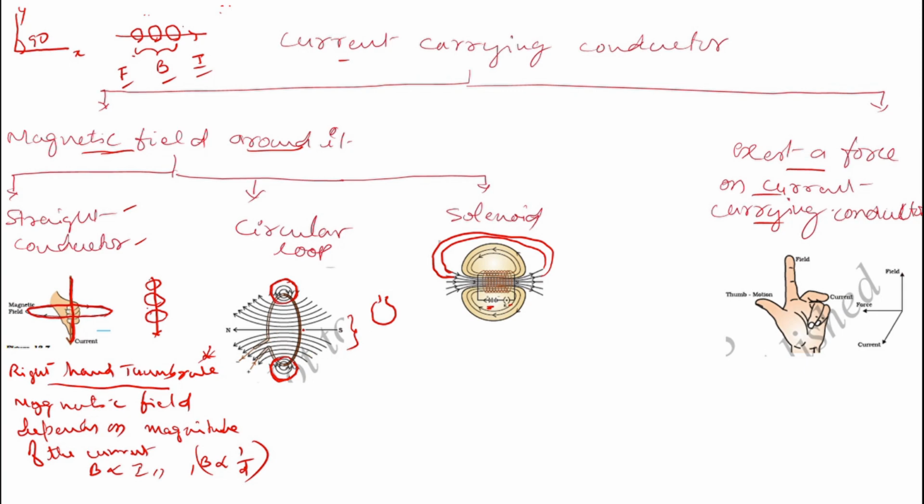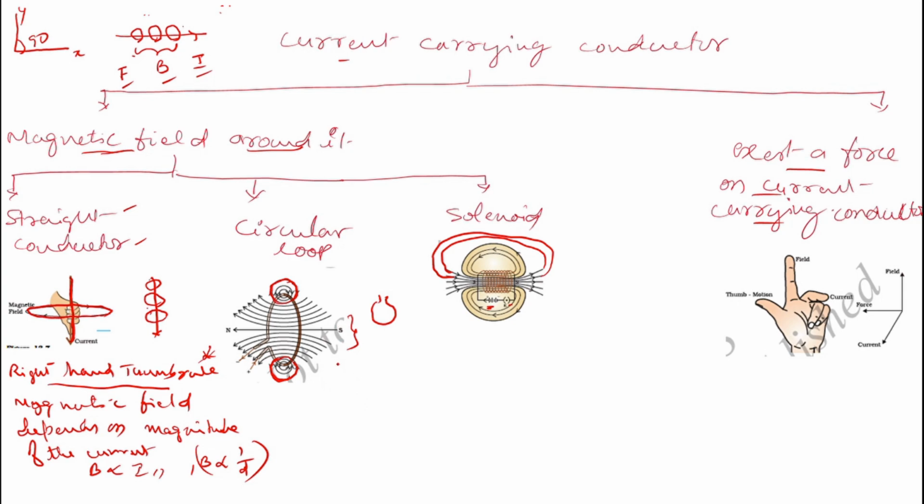At the center it is almost a straight line. Two magnets are there, and at the ends the circles are very concentrated. If you go to the center, it will become a straight line. So for this some practical applications are there, but they are not discussed in your textbook.